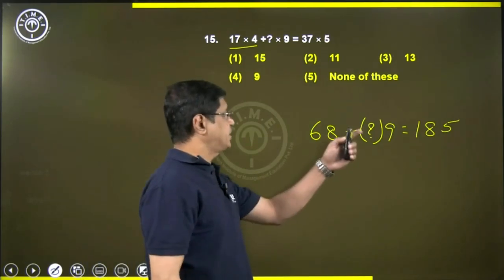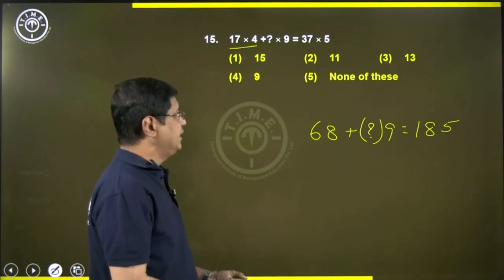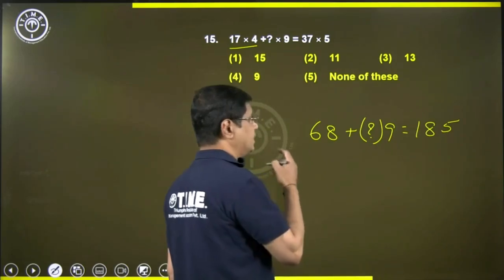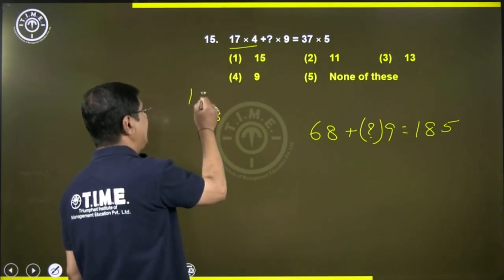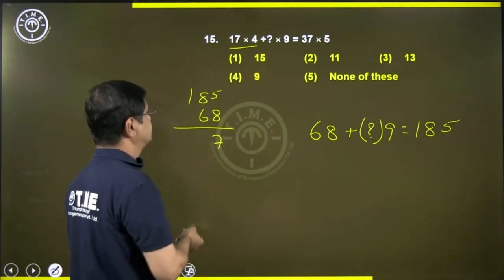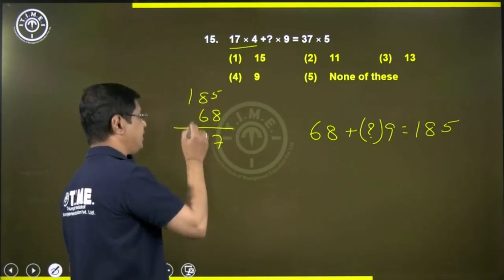Now 68 subtract from 185. What is the result here? 68 subtracted from 185 is 117.